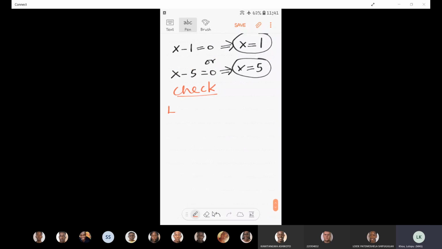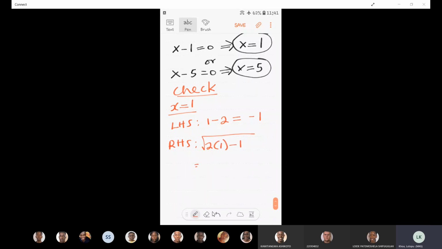So I substitute, let me start with x is equal to 1. I substitute that on the left hand side. Now on the left hand side I have x minus 2. So this will be 1 minus 2, and then this is equal to negative 1. And then on the right hand side I have the square root of 2 times x minus 1.